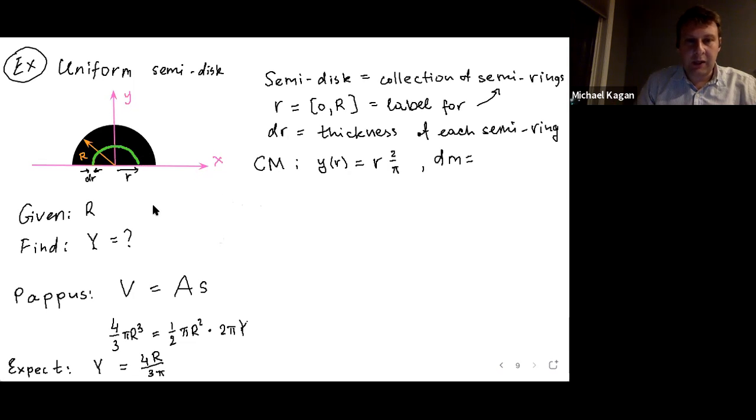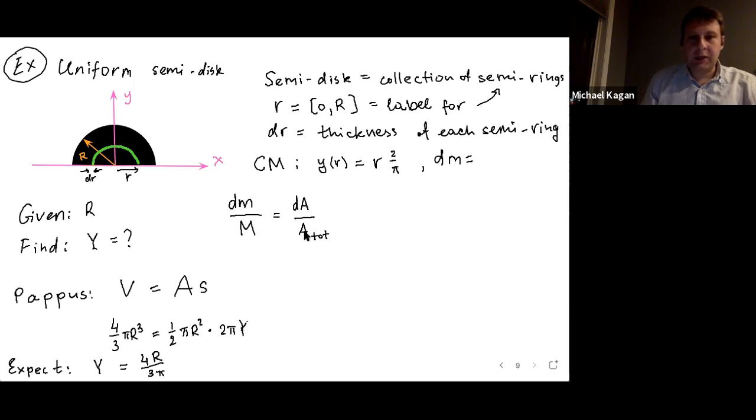If it helps, we can set up a proportion. So the amount of mass in the semi-ring over the total mass is going to be the area of the semi-ring, the green area, over the area total. That make sense? Folks, are you with me on this?